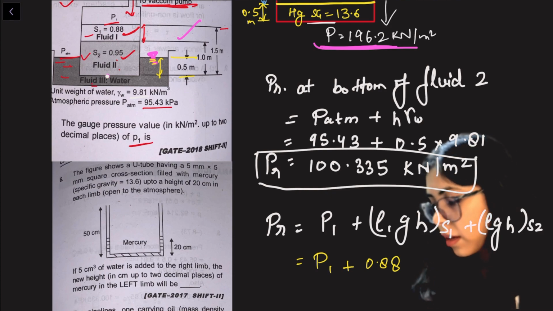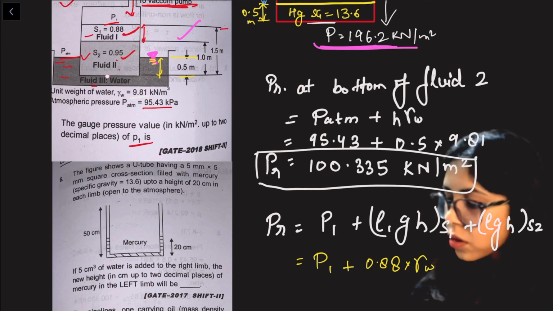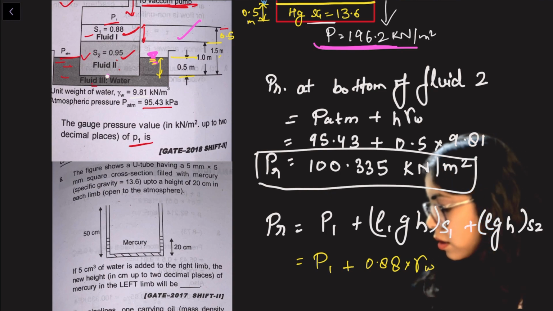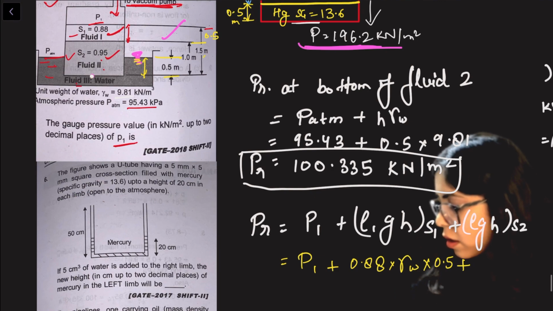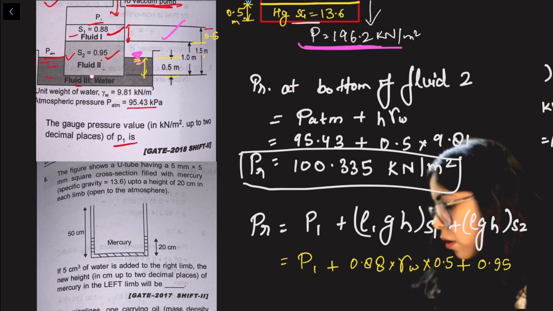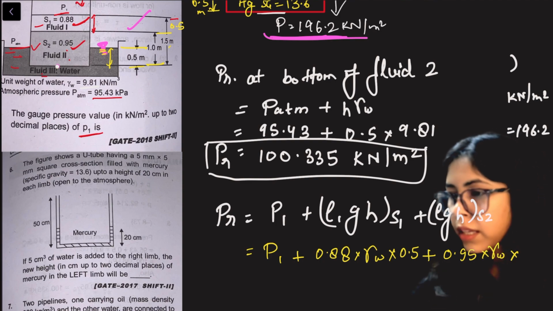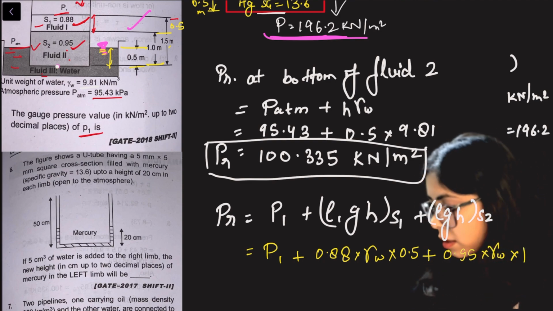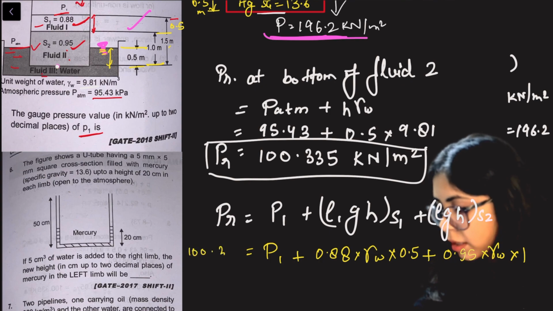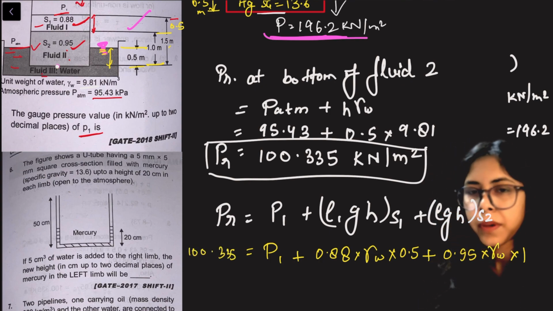So I can directly put 0.88 gamma w into height. What is the height? It is 0.5. Plus 0.95 of gamma w for this particular fluid, and the height is 1. And the total pressure is 100.335 kPa or kilonewton per meter square.